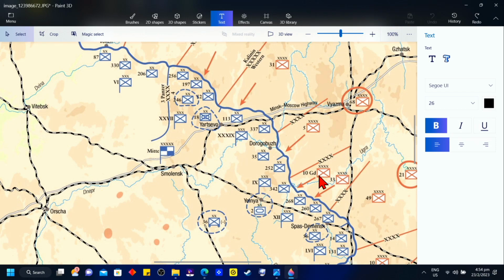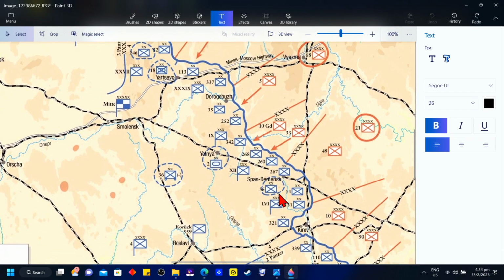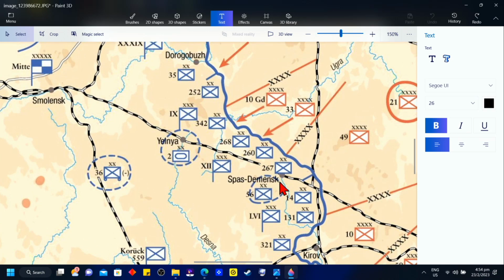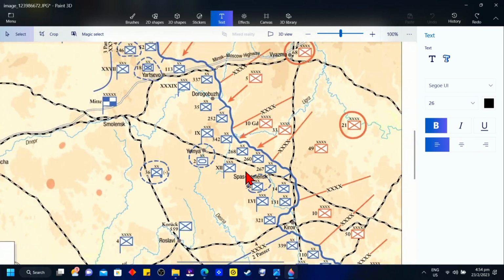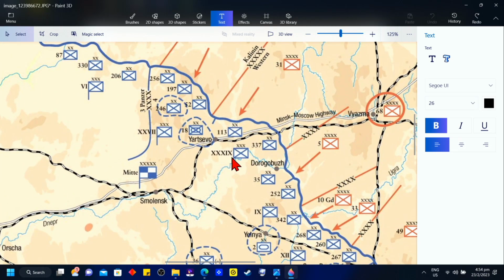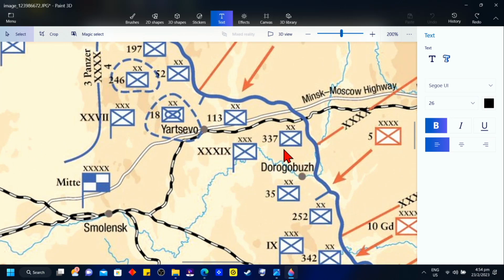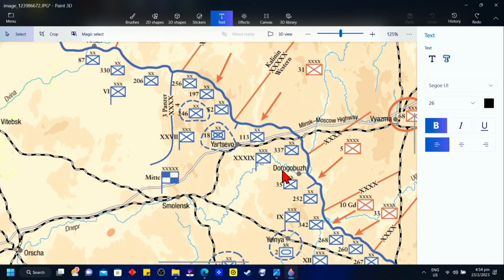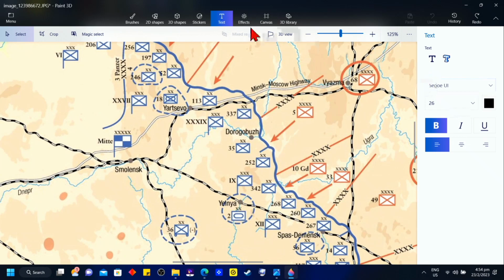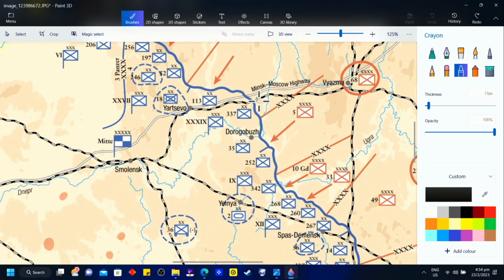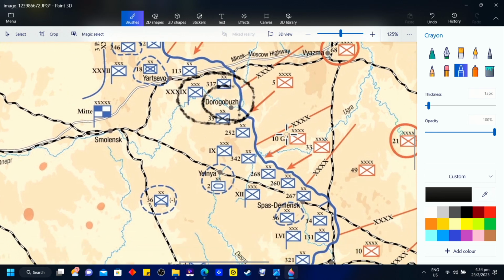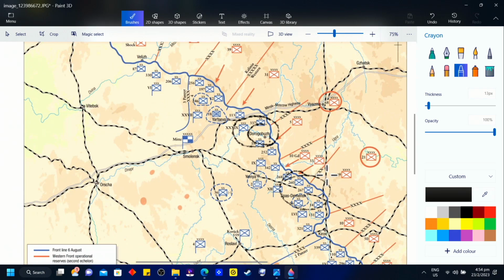So they knew that the Soviets would likely attack in this area, near Spas-Demensk. They would likely attack the XXXXIII Army Corps near Spas-Demensk, and the XXXIX Army Corps in the Dorogobuzh sector. So the Fourth Army reported that the Soviets were likely to attack in this area and in this area. This was the intelligence report.